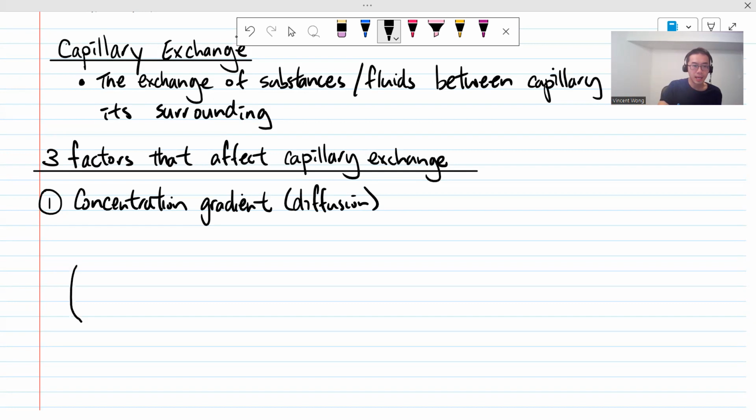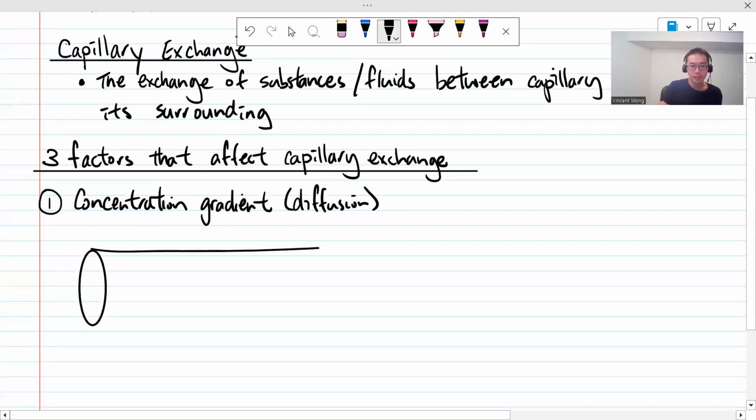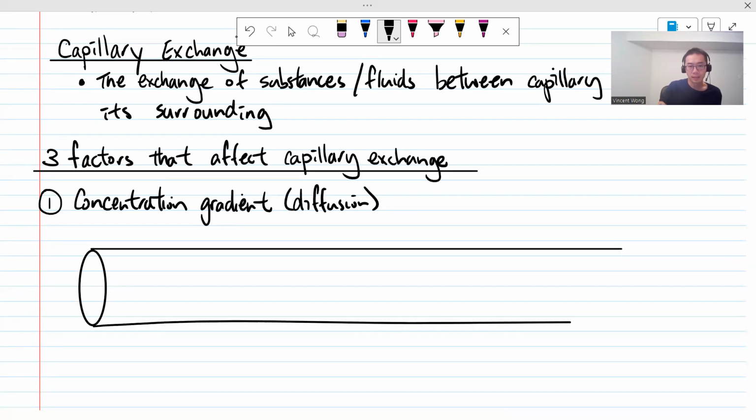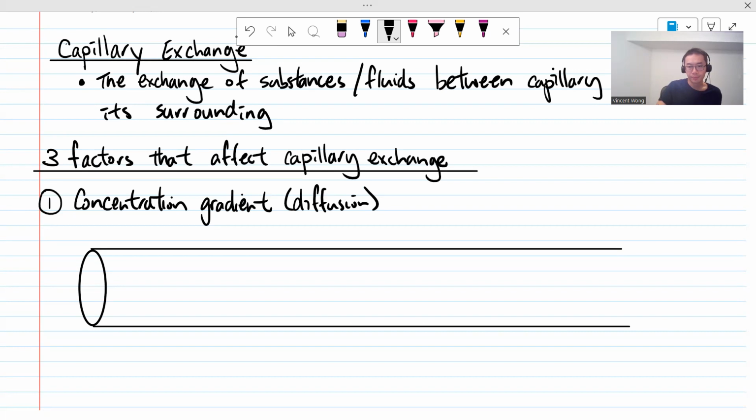So let's say we have, let's draw a capillary, okay? Now in a capillary, this is capillary, which is the tiniest blood vessels, right? Remember we learned that last time? It was one of the first things we learned.